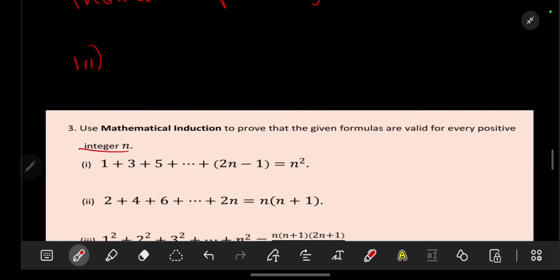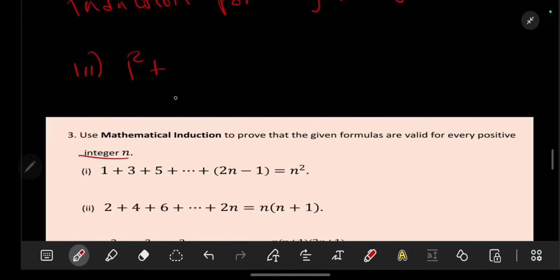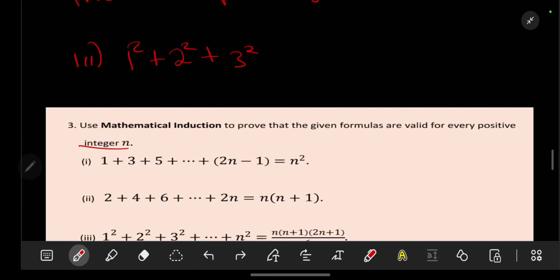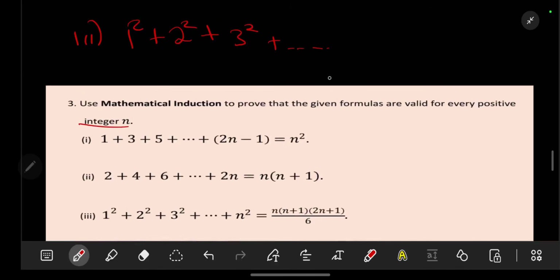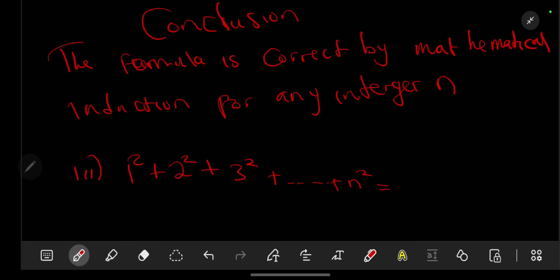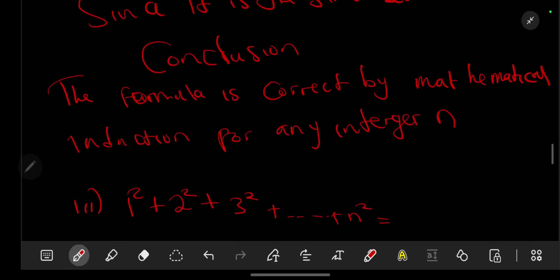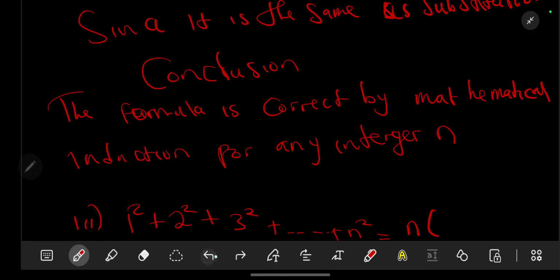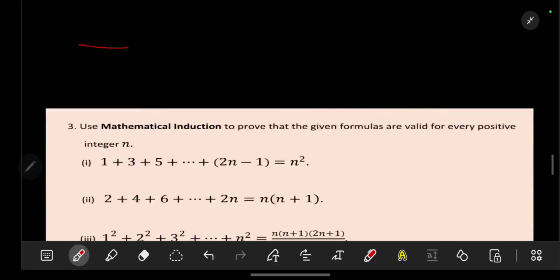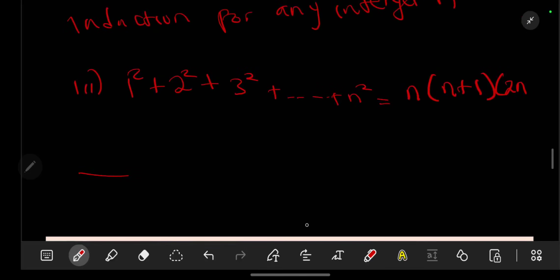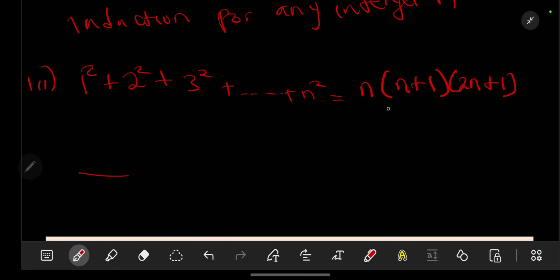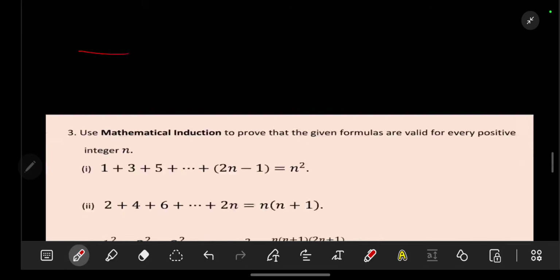So the third one, we have 1 squared plus 2 squared plus 3 squared plus dot dot dot plus n squared should be equal to n, open brackets, n plus 1, 2n plus 1, over 6, like that.